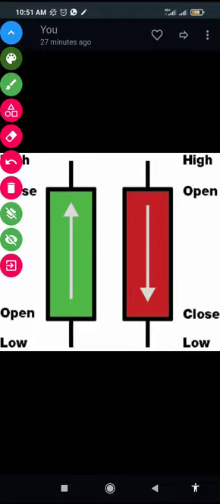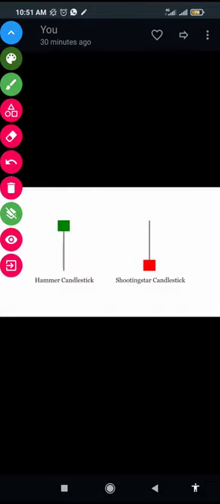Okay, let me show us something. Now you can see here that the market opens here and sold to this point, before buyers came in and dragged the price up before it closes here.